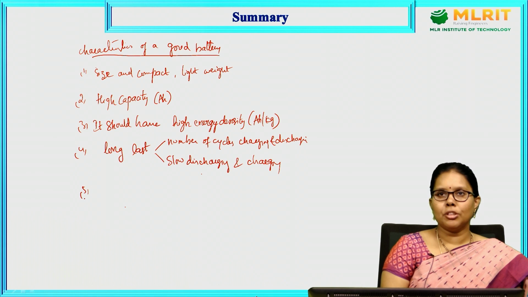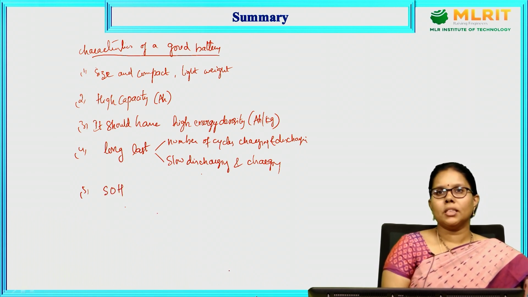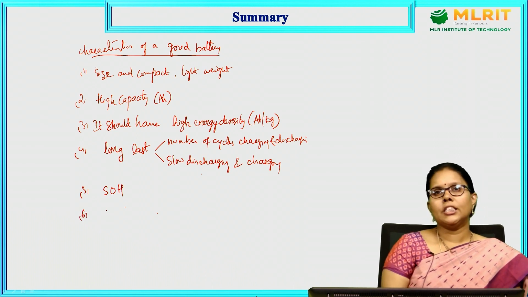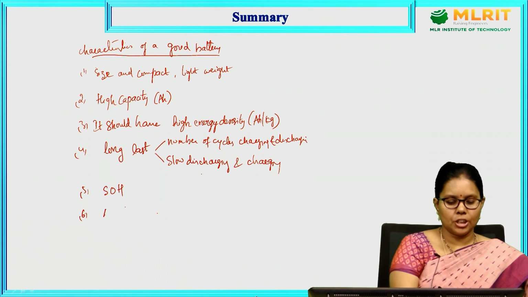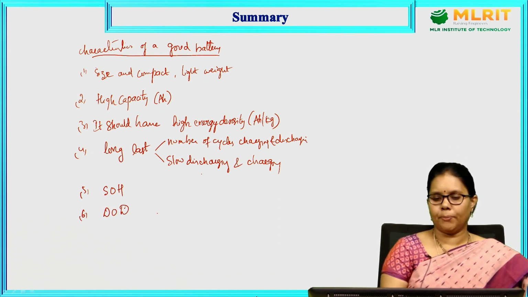And the battery should have a good state of health, where the capacity is measured at different time intervals. Also the depth of discharge. All these are the characteristics of a good battery.